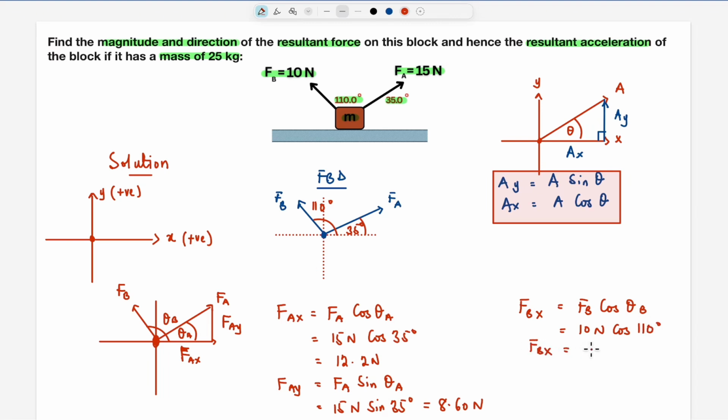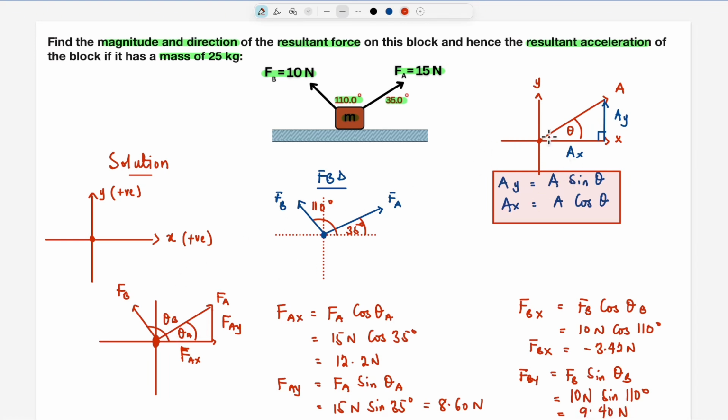FBX will be equal to negative 3.42 newtons. And then we find FBY, which is also FB sine of theta B. That is going to give us 10 newtons times sine of 110 degrees, and that is going to be equal to 9.40 newtons.